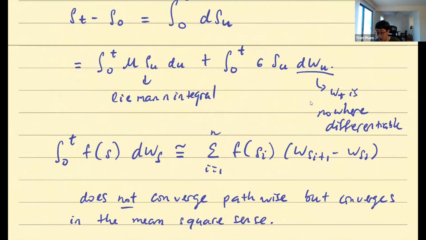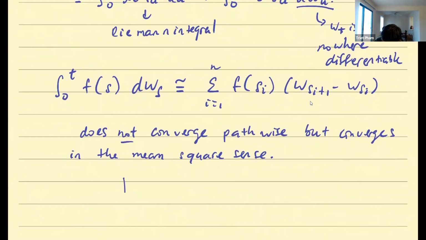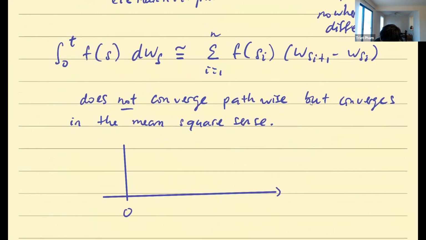Okay. What do I mean by this? What I mean is if you take a path of a Brownian motion, you really take a path and you decompose it into small pieces, like so. Here's a path. Here's 0, and here's t, and you decompose it into small pieces like this.